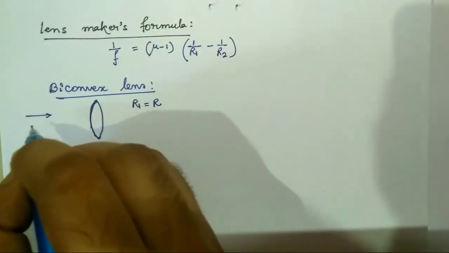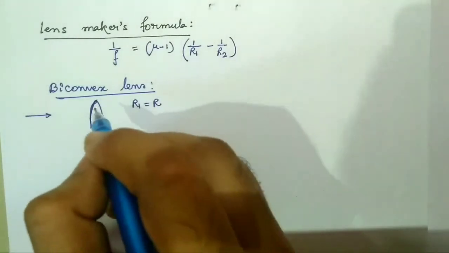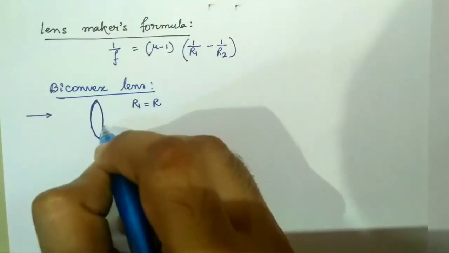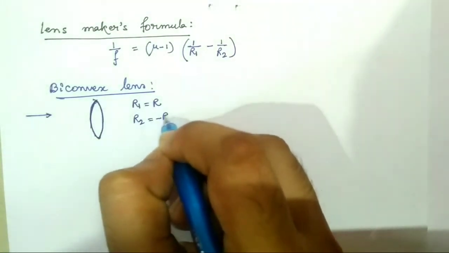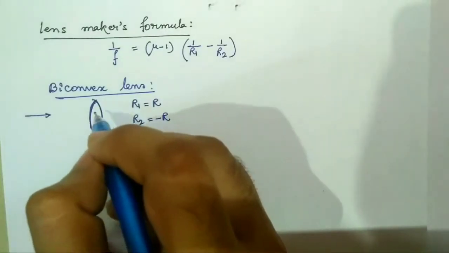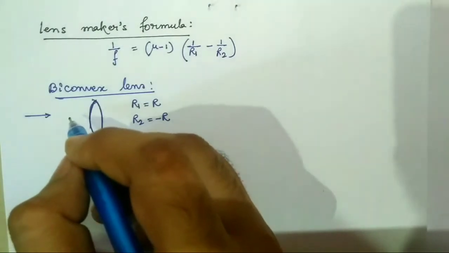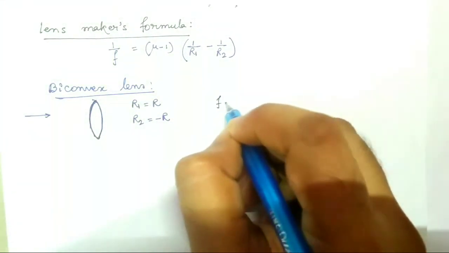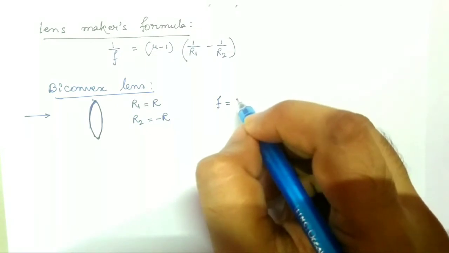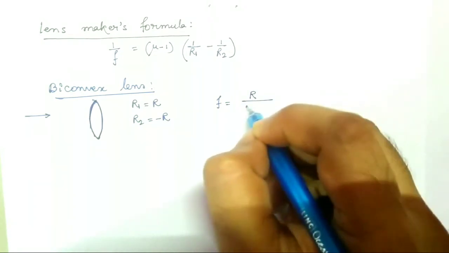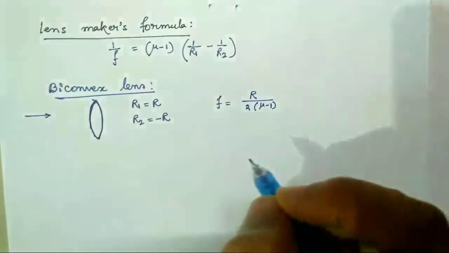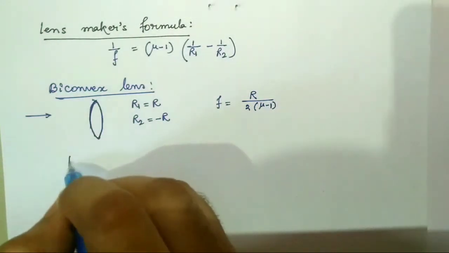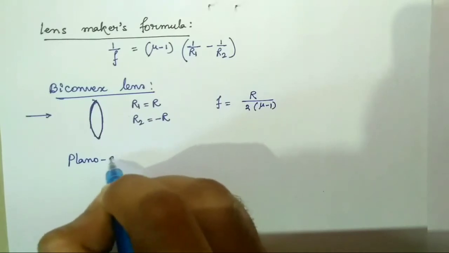This is the direction of the light ray, and the radius of curvature of the second surface will be given by r2 equal to minus r, since it is in the opposite direction of the progression of light. In that case the focal length will be given by f equal to r divided by 2 into (mu minus 1).